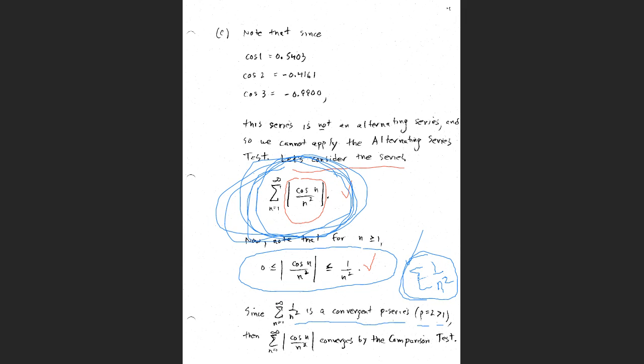So the series of the absolute value of cosine of n over n squared converges by the comparison test. All right, let me know if there's any questions so far.